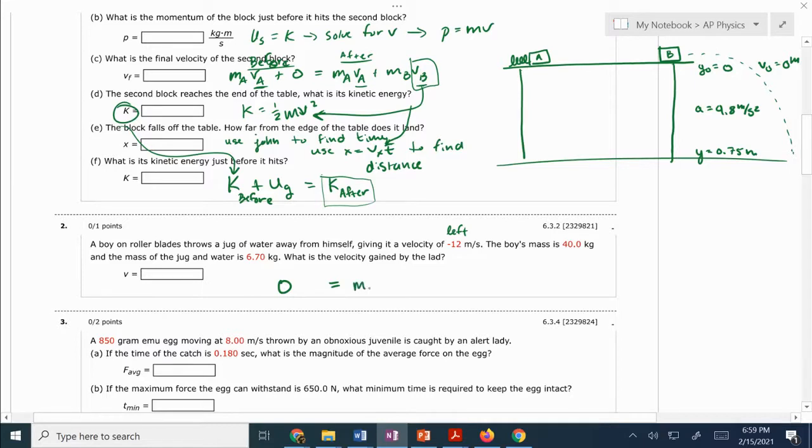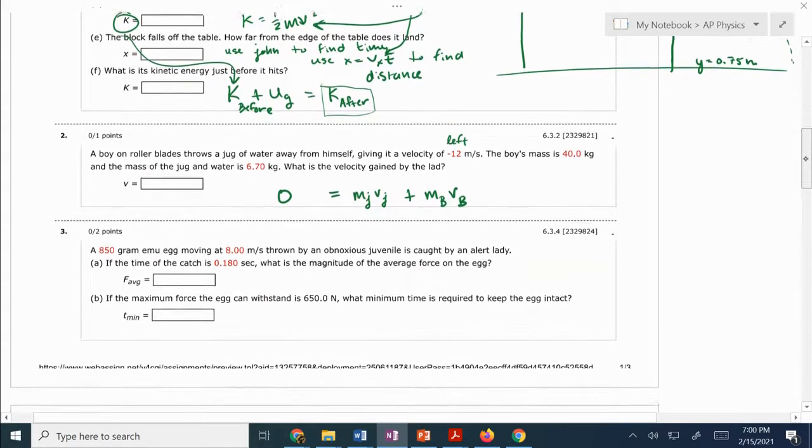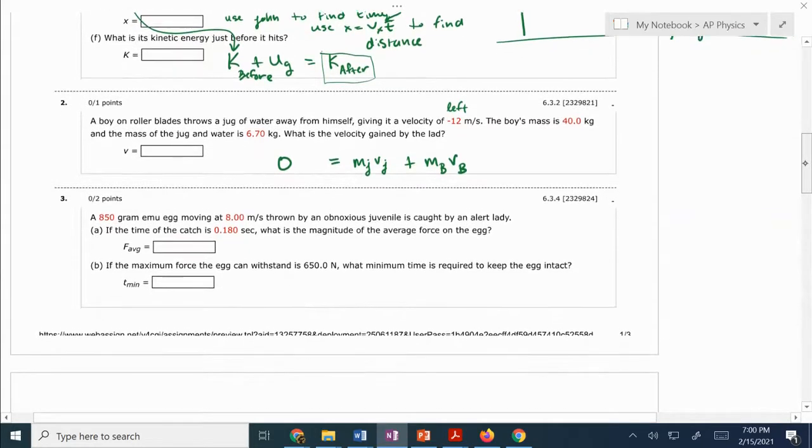Then you have m of the water times velocity of the jug, I'll use J for jug, plus m of the boy times velocity of the boy. Pretty straightforward setup. If you need more assistance on that one, go look at the momentum slides, at how we do the rifle problem, and do basically the same thing there.